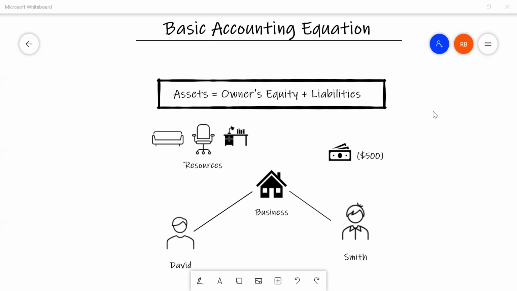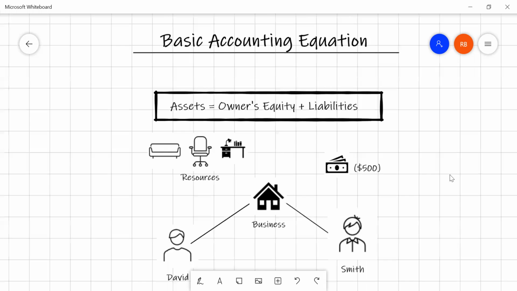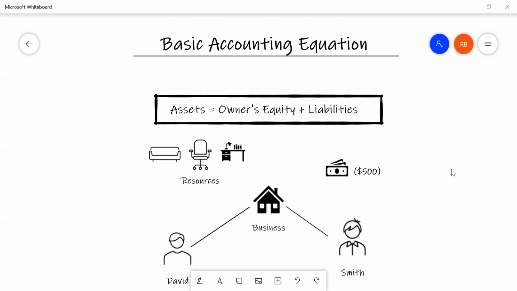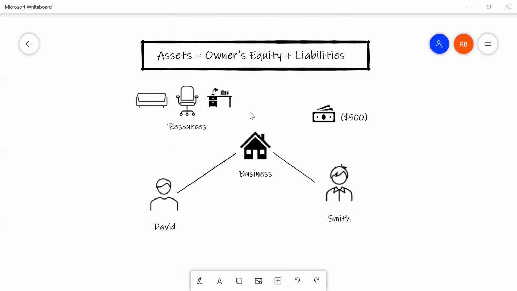So let us talk in detail about the elements which are included in this accounting equation. Let's take this example for a while. Now you can see a person called David. David is going to start a business by himself.